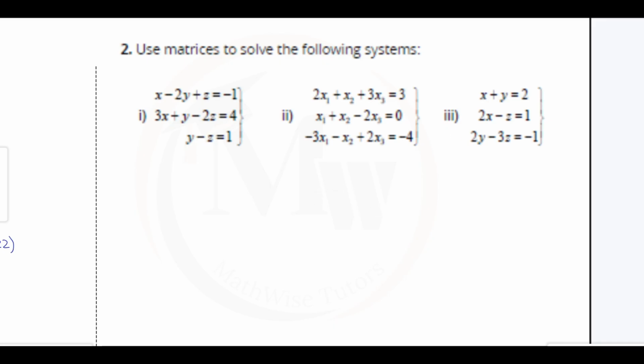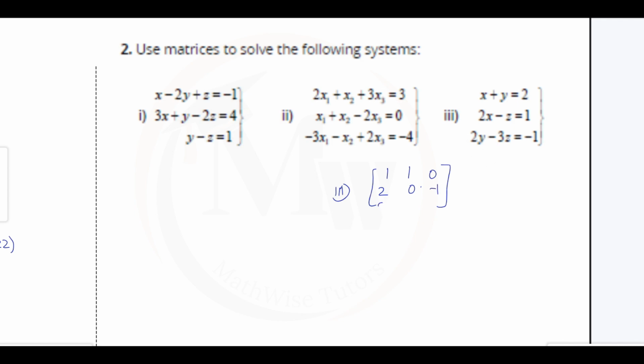Let's first make the matrix form for the third part. In the third part, in the first row, the x coefficient is 1, the y coefficient is 1, and there is no z coefficient, so it will be 1, 1, and 0. For the second row, x is missing, y is missing, so 0, 0, and the z coefficient is -1.